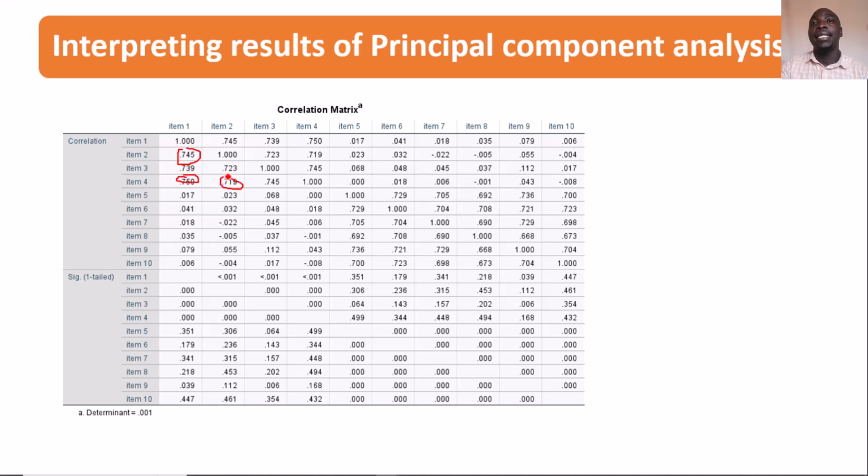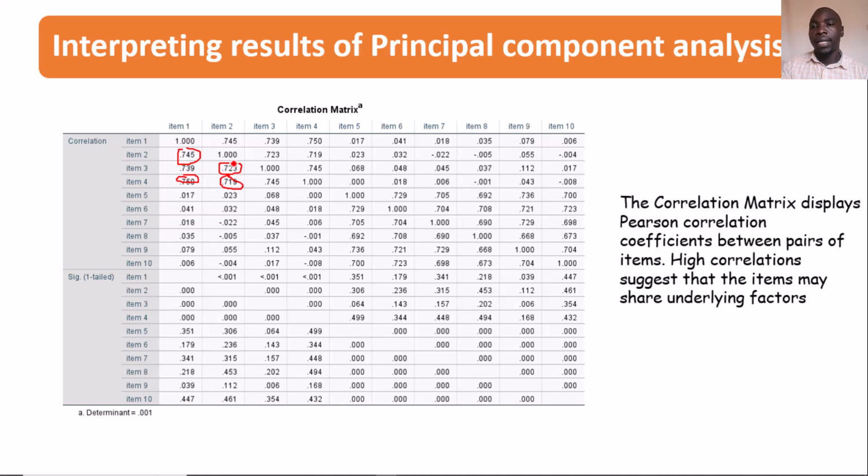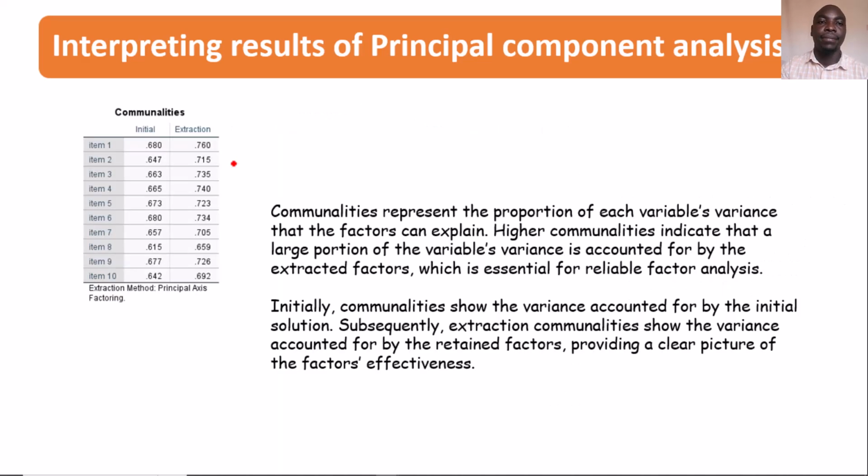And here we can see several of them have correlation coefficients above 0.3, indicating that the variables are related. So high correlation suggests that the items may share underlying factors. So we are most likely able to extract factors.